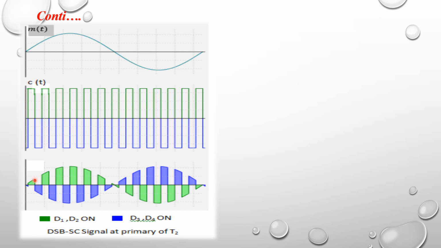This is the modulated output. This is the positive carrier signal amplitude and this is the negative carrier signal amplitude. During the positive cycle, diodes D1 and D2 are on, and during the negative cycle, diodes D3 and D4 are on.